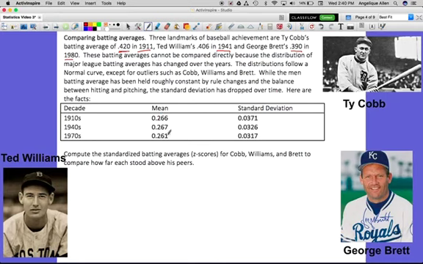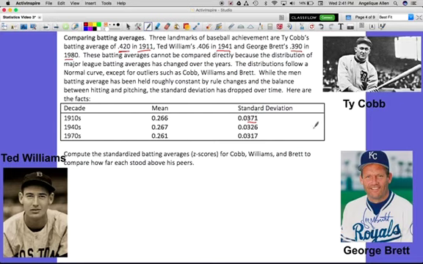So look at the means of the batting averages for the entire Major League Baseball organization, really close together. But this is the number that has dropped. So 3.7 percentage points. If I move this decimal over, I can read it as a percentage. The way that the averages are spread out in the 1910s, standard deviation was a higher number, so it was spread out more from the mean.